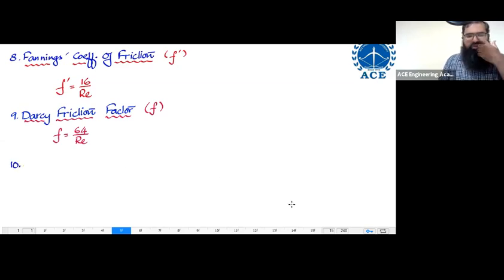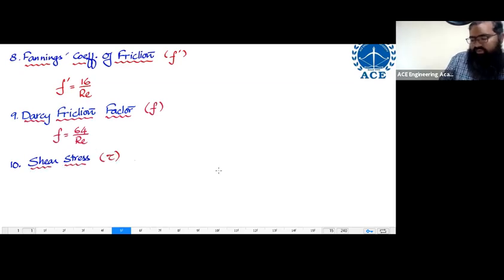This is the shear stress formula. The value of tau is equal to minus dp upon dx multiplied by r by 2.